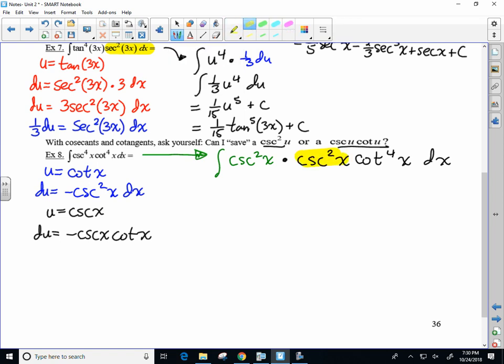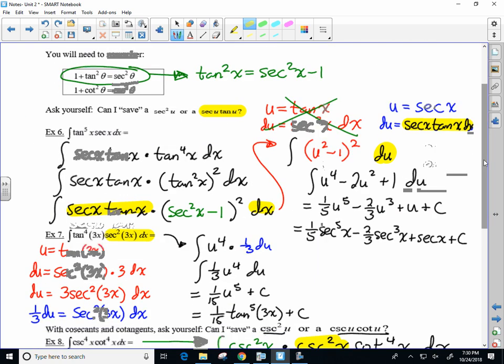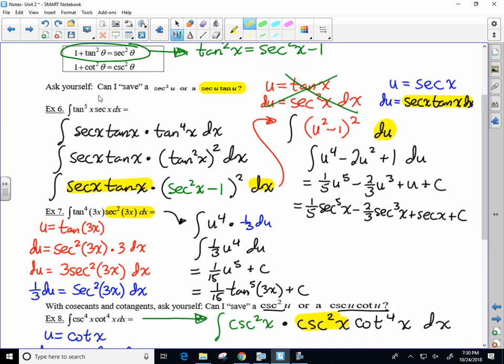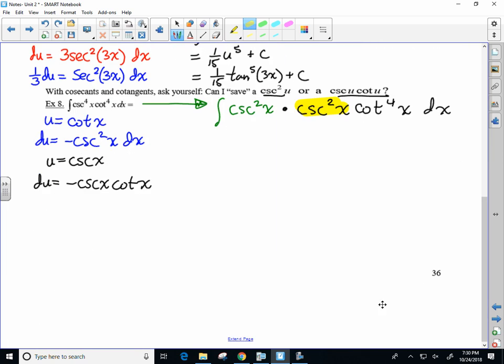Is there an identity that would allow me to change a cosecant into a cotangent? Well, as it turns out, there is. Cosecant squared is the same as 1 plus cotangent squared.